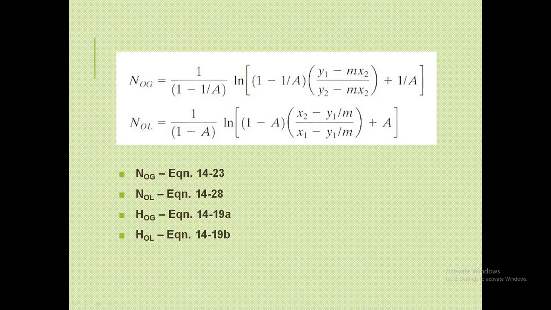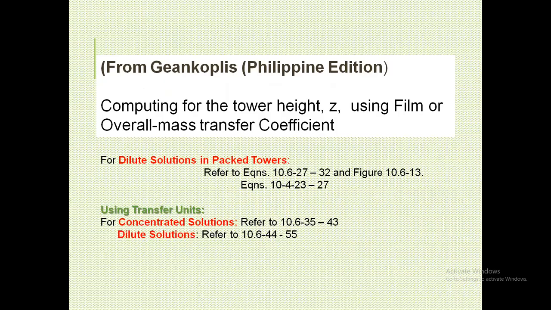As for formulas that you could use found in your handbook, I have written them here. So please check on these formulas as well, regarding the NOL, NOG, HOL, HOG formulas. Now, we can also compute the Z. So that was the first method: you use the number of transfer units formula.